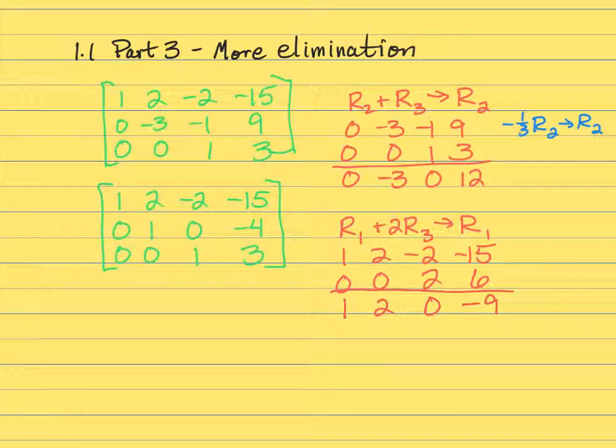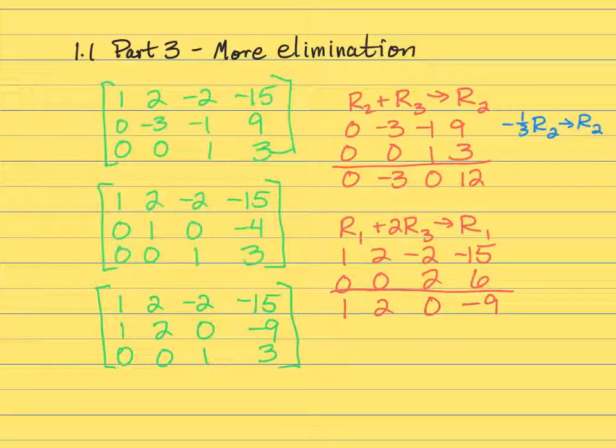And no tricks there to give us a simpler row. Row 3 again unchanged. Row 2 unchanged. Oops, you know what?